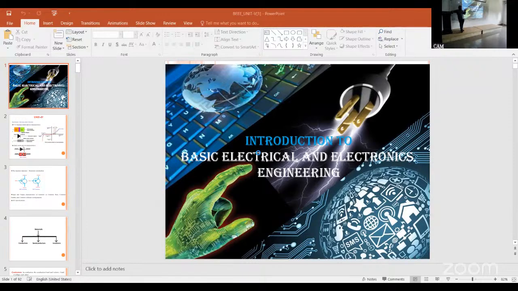Adding impurities to the intrinsic semiconductor makes it an extrinsic semiconductor. So intrinsic semiconductor plus impurities is known as extrinsic semiconductor.